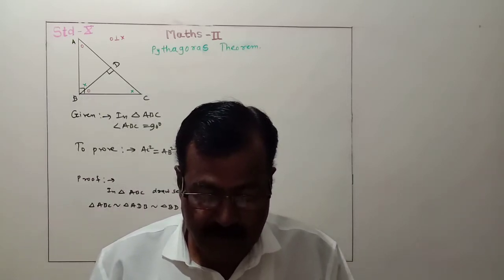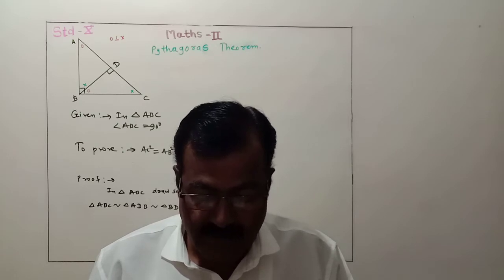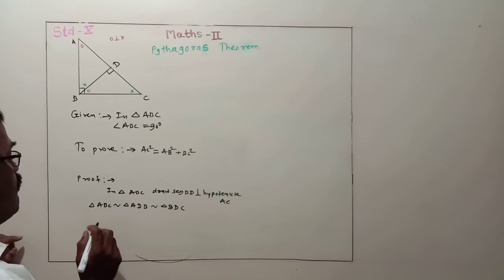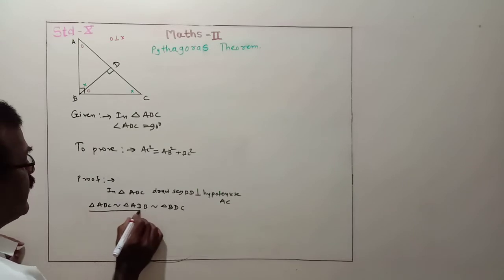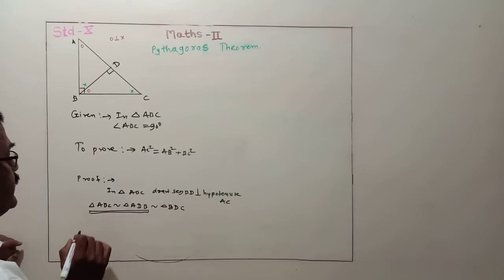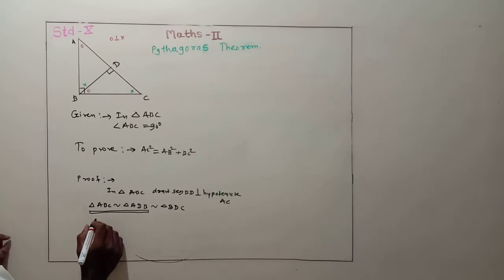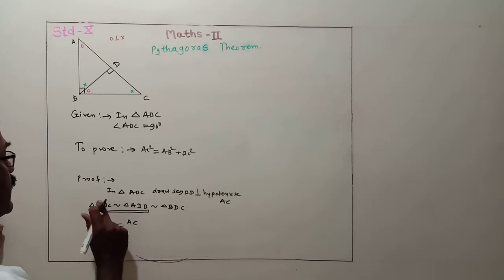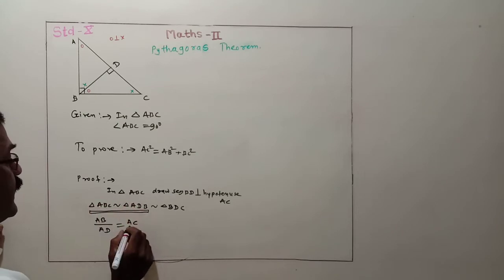If we take two pairs of these triangles, in this pair we take AB upon AD is equal to AC upon AB.